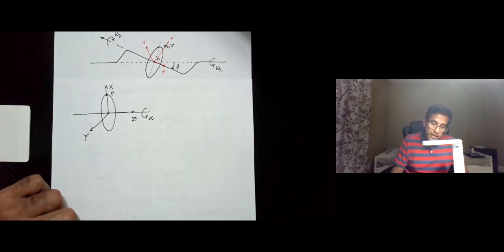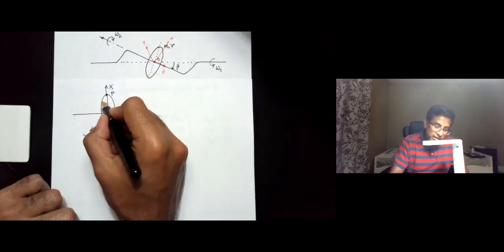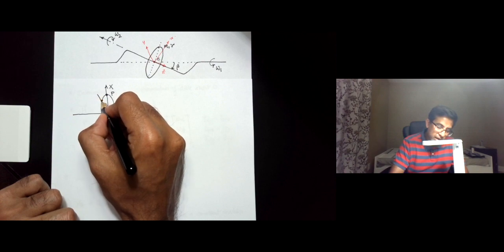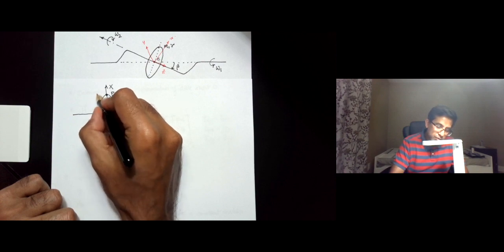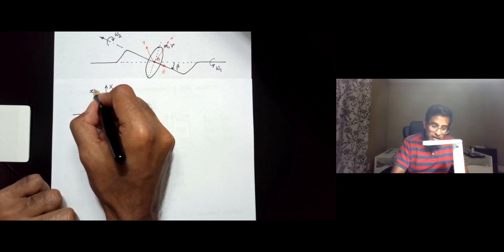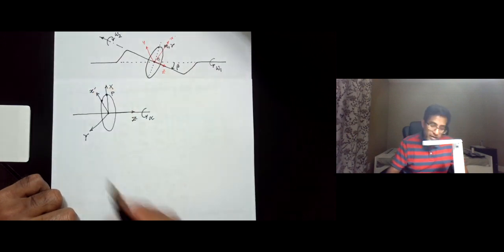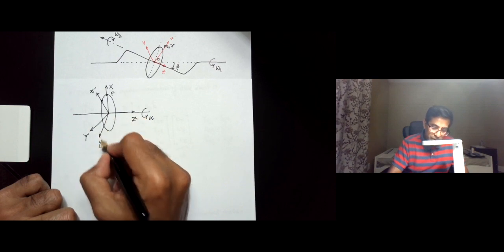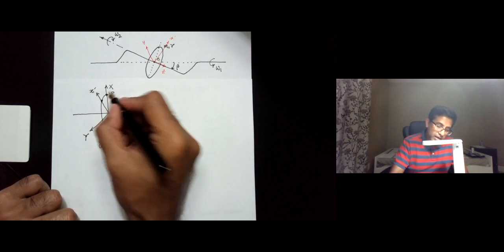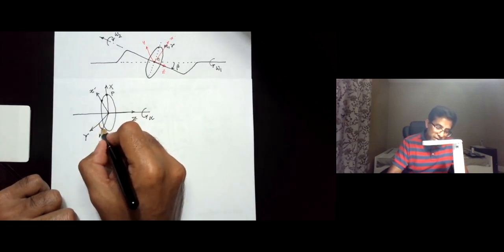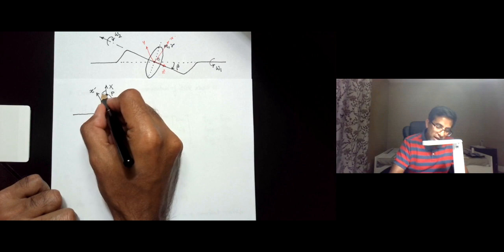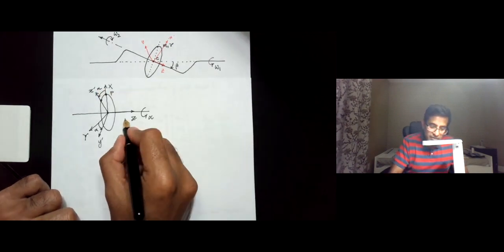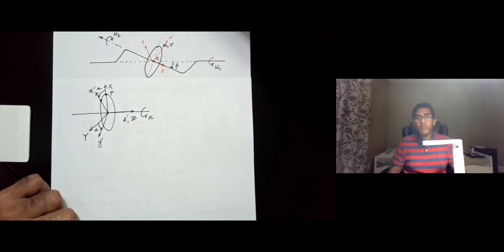If that is done, then the point P will move here, and this will be my x prime, this will be my y prime. So y would have turned by alpha, and x would also have turned by alpha, and z prime would remain where z is.